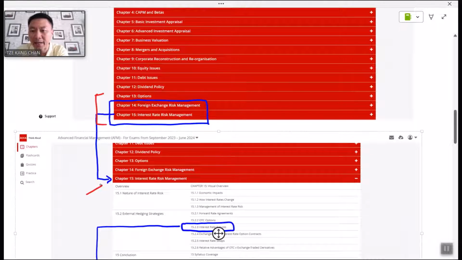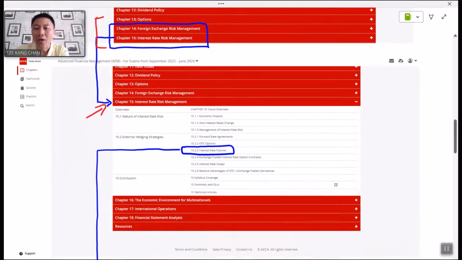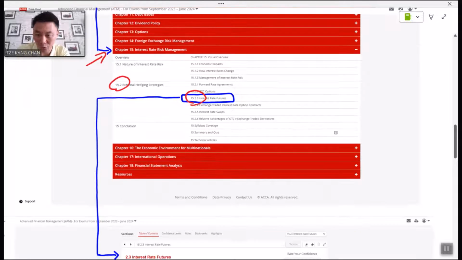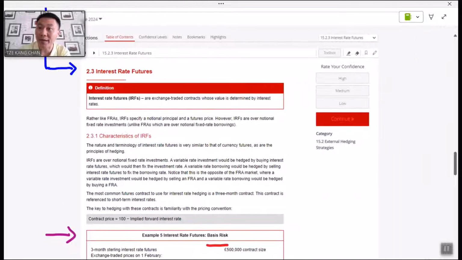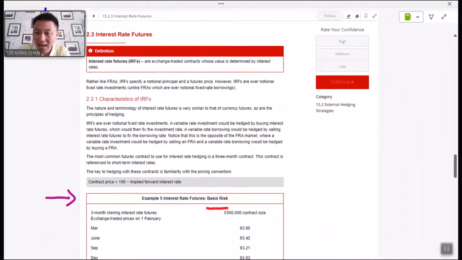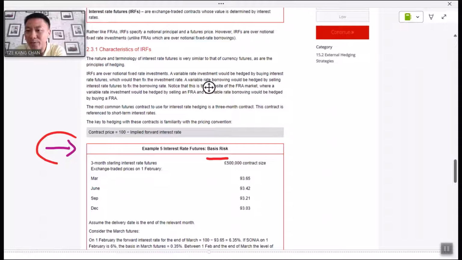Particularly by clicking into chapter 15, you will get into section 15.2 and you will just go into part 3 on interest rate futures. In this section, explanations will be given on interest rate futures and especially the explanations on basis risk.